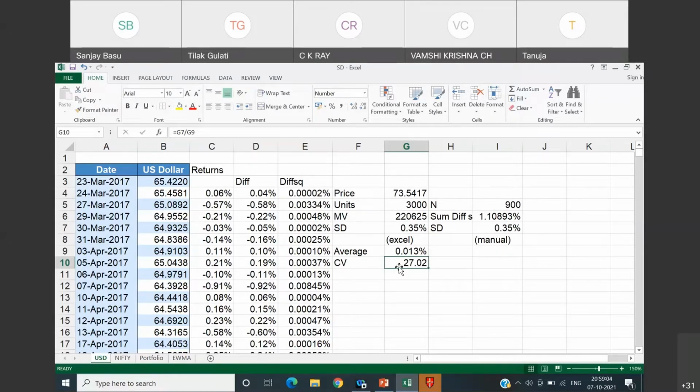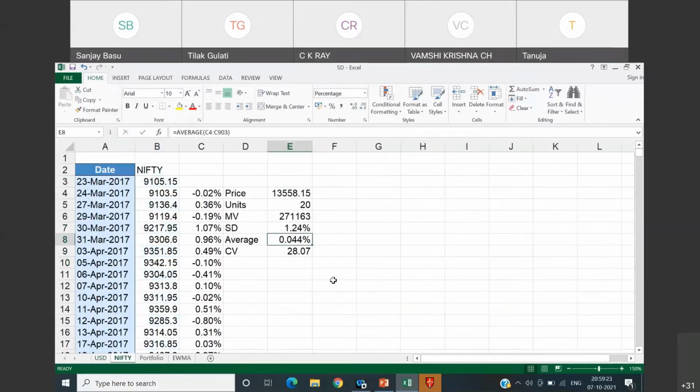For high frequency data like daily data, very often in finance, we ignore the average. The average return is very close to 0. What matters is the volatility. Volatility is 27 times the average return. This instrument is riskier because the volatility is 28 times the average return.